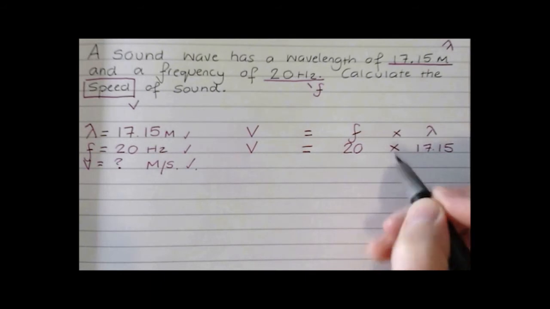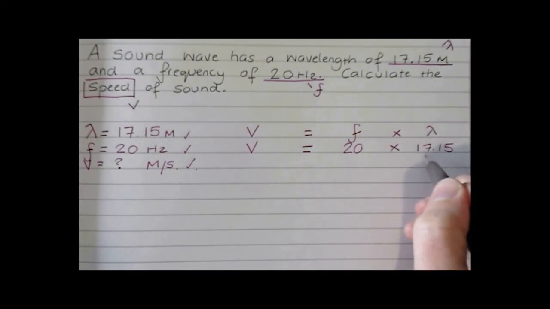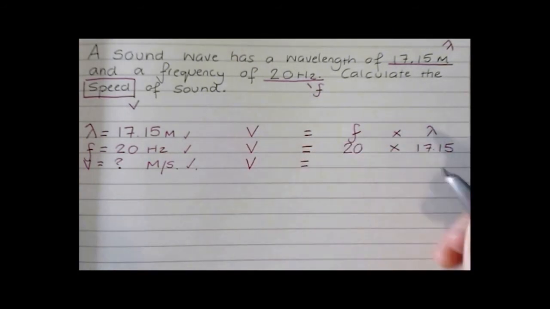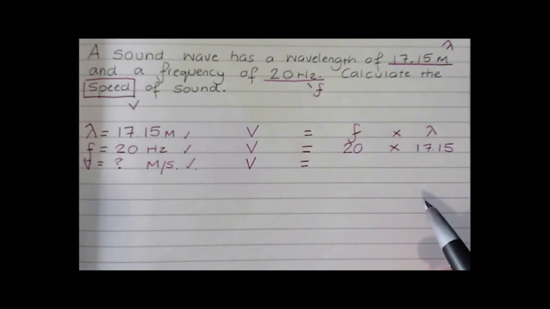So we're just going to do 20 times 17.15, and that will give us v. So v will equal, now I'd like you to pause the video now and try this sum for yourself, and then come back to the video and I will carry on and solve it for you.